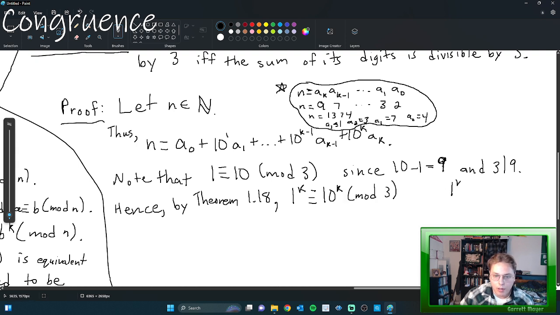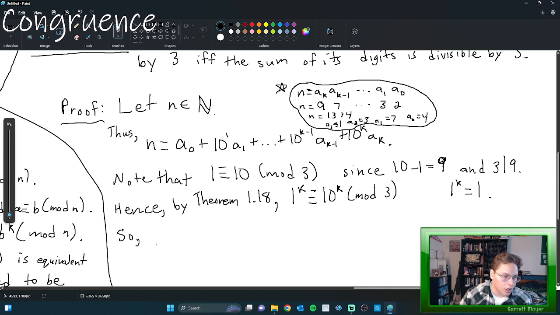And 1 to the k always just equals 1. No matter how many times you multiply 1 by itself, you're always going to be left with 1. 1 times 1 is 1. 1 times 1 times 1 is 1. Times 1 is 1 again. It keeps going, but it's always going to end up being 1.